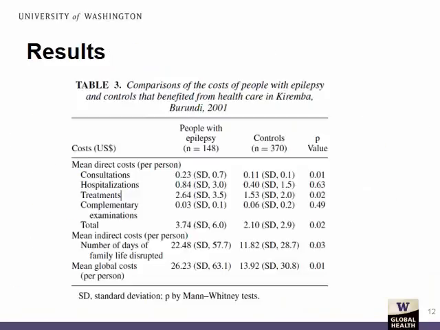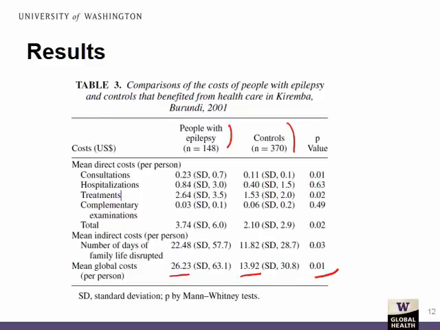And here are the results of the cost of illness. So you have epilepsy patients in this column and controls in this column, and you had more controls. Also a relatively small study. So you see that the epilepsy patients had higher costs, so $26.23, and these ones had about $14, and the difference was statistically significant.